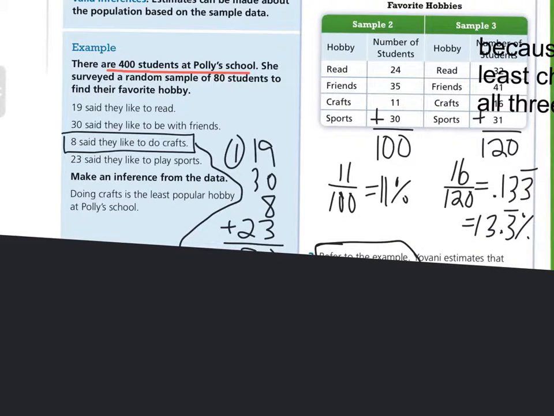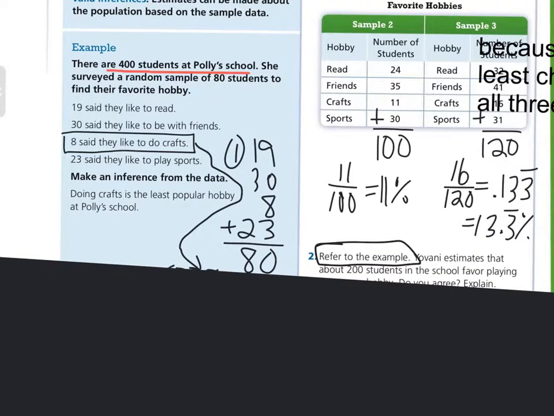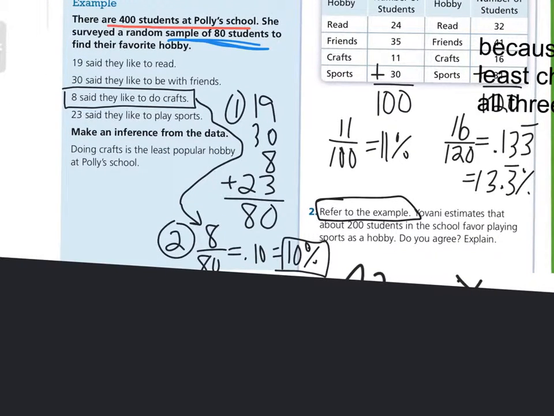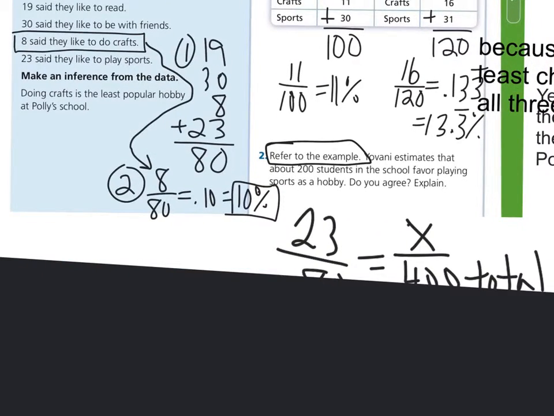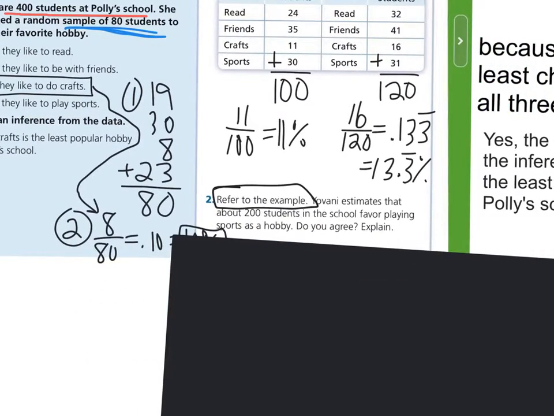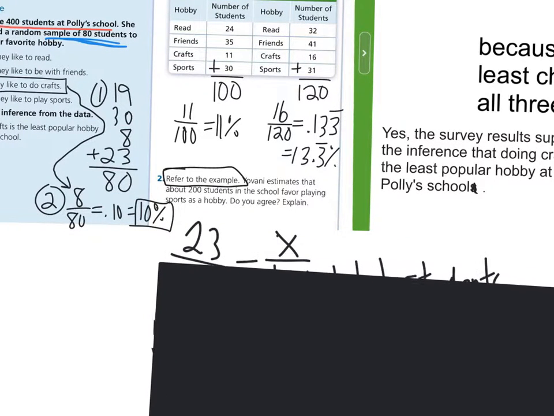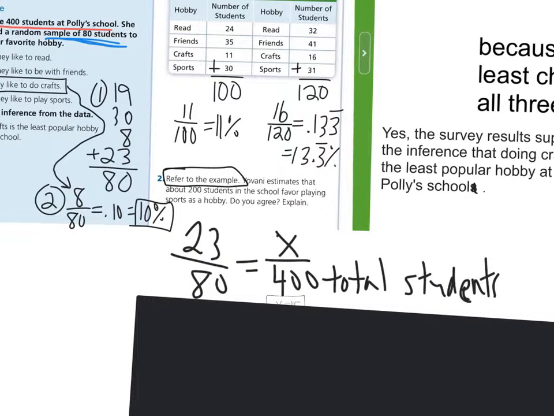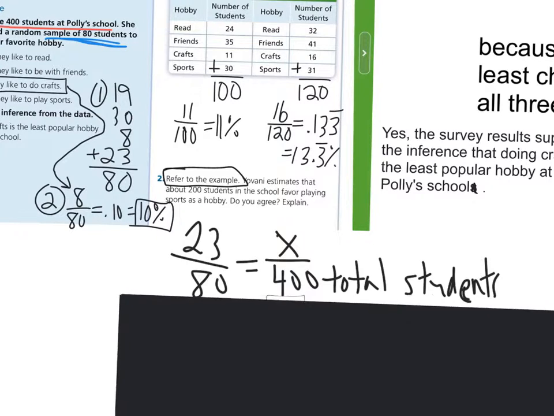So we could add all these numbers together and get 80, or if we're observant, we could notice in the problem that it says there was a sample of 80 students. So that's 80 total. And so if we're looking at this as sports, there was 23 out of 80, and we're trying to find a number out of 400 total students.